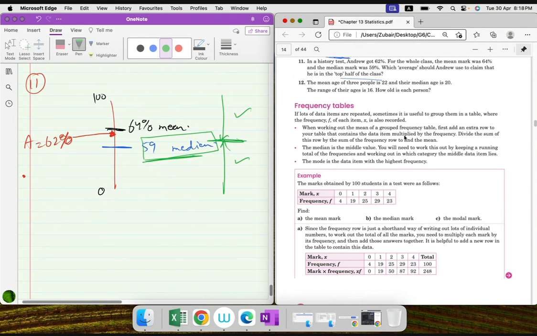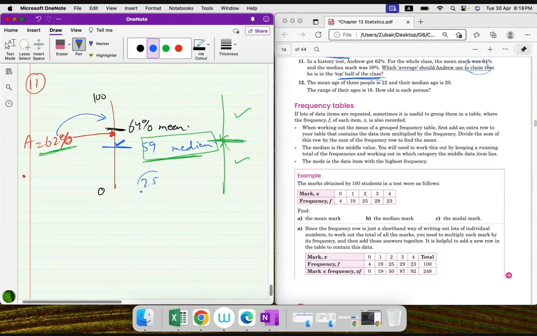Can you repeat again? Okay, I'll do it again. Andrew scored 62%. And the question says which average should Andrew use to claim that he is in top half of the class? So if he talks about the median, if he comes home and tells that the median is 59 and I am in the top half, one who is scoring 25 is in the lower half, one who is scoring 58 is also in the lower half.